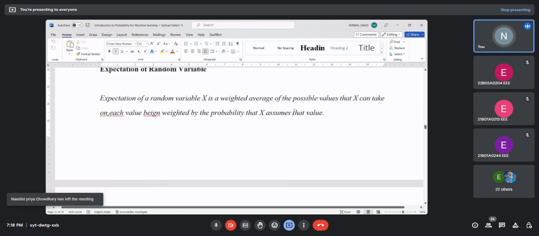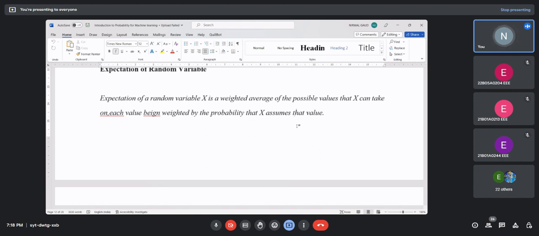That means whatever the possible values coming for this random variable, I need to calculate the average of them, each value being weighted by the probability that x assumes that value. That means I'm going to take the average of each and every value the random variable takes, but based upon the probability.